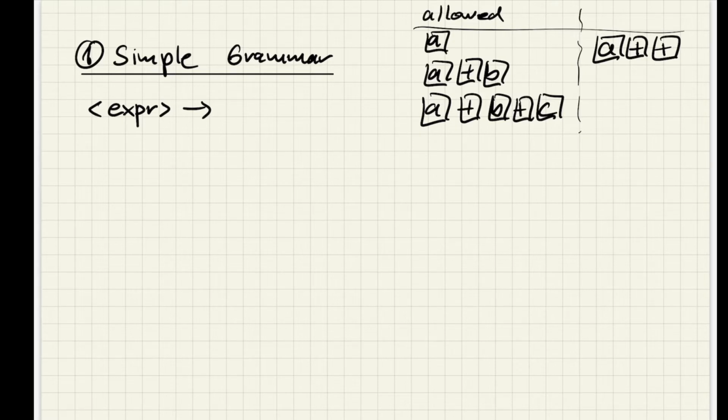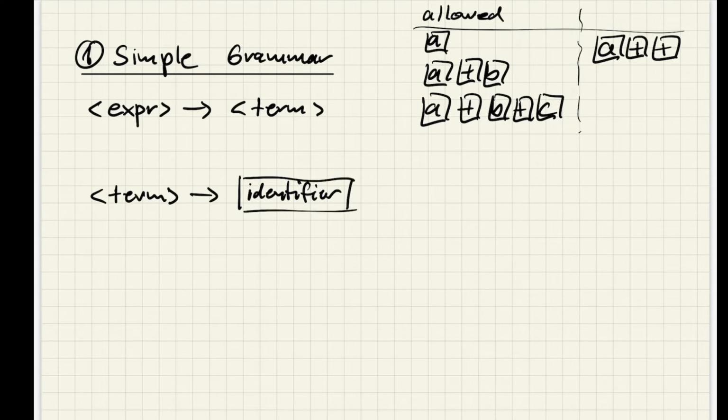Now such a simple expression in the grammar can, for example, produce a symbol specified in the grammar called term. And the second rule will say that a term can produce, for example, an identifier. So this goes into a box.